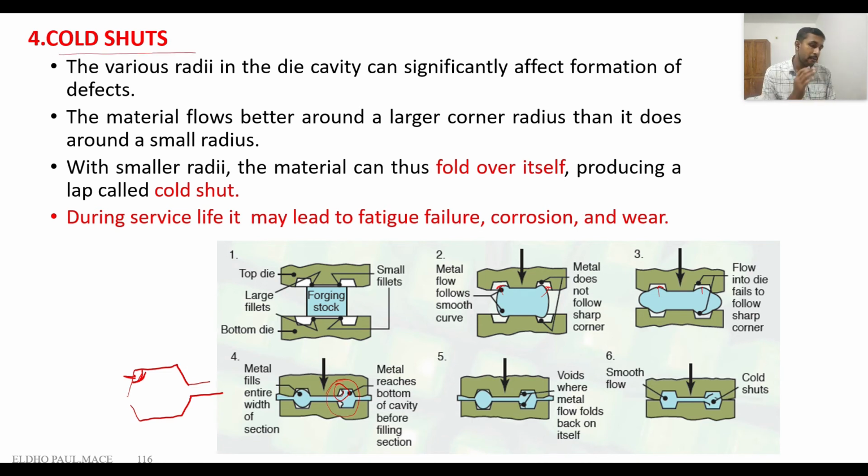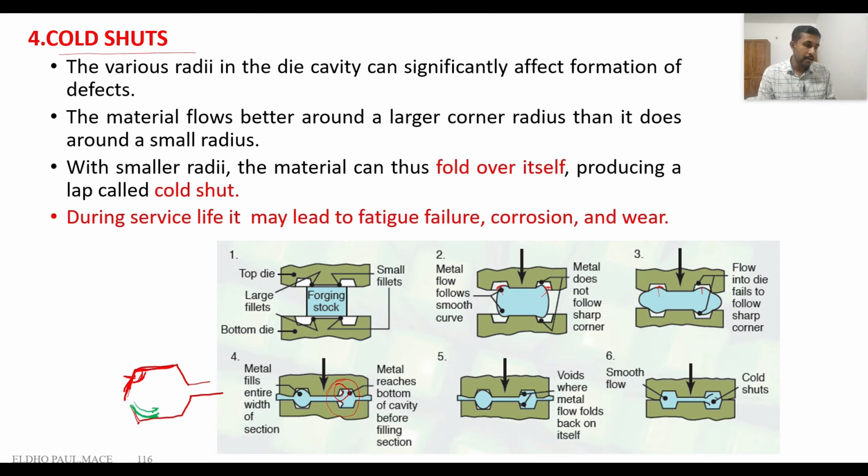The main reason for this cold shut formation is this sharp corner in the cavity. To avoid cold shut, instead of using a sharp corner, make a fillet corner here. So the material can flow easily through the fillet region, and it can completely fill without any voids.